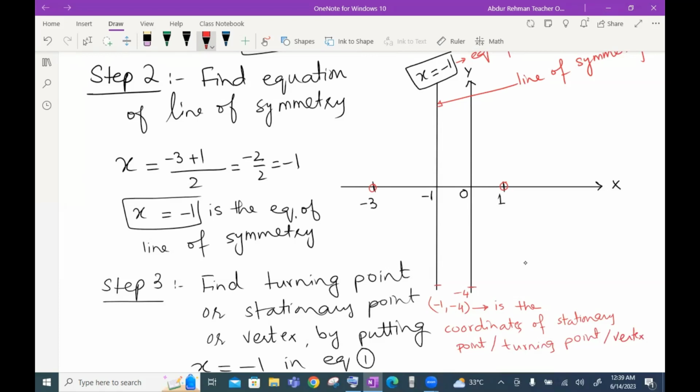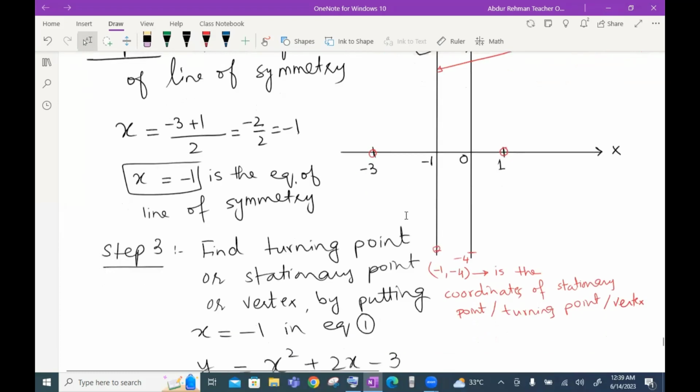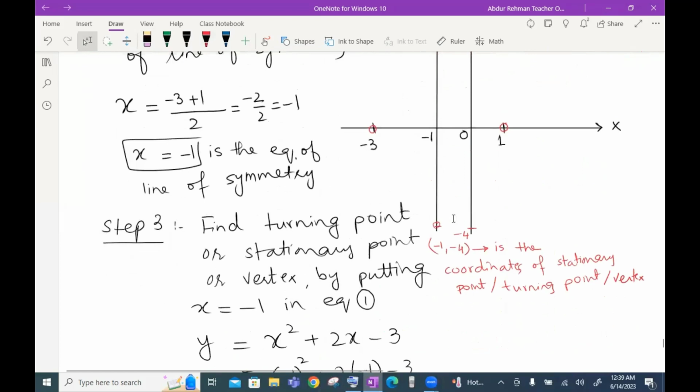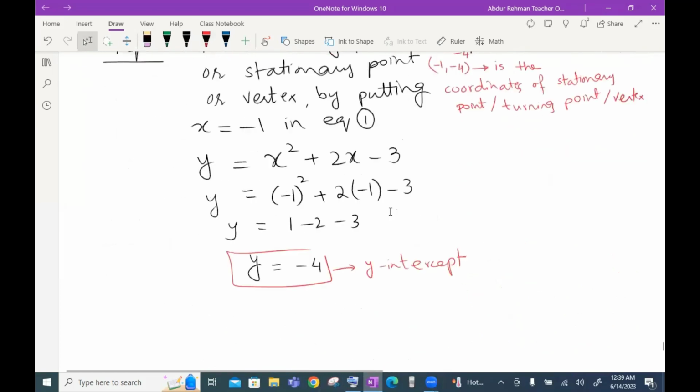Now we have to start to sketch the graph, but before we start, find the y-intercept. We can find the y-intercept by putting x equal to 0 in the original equation.